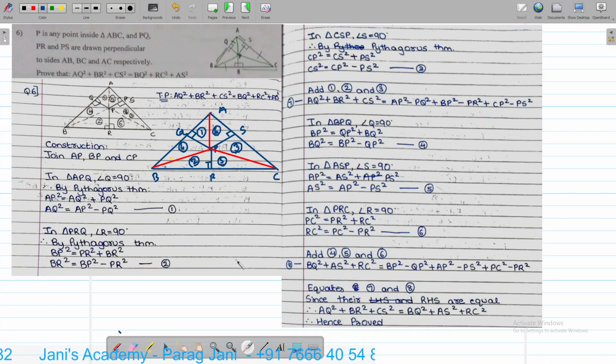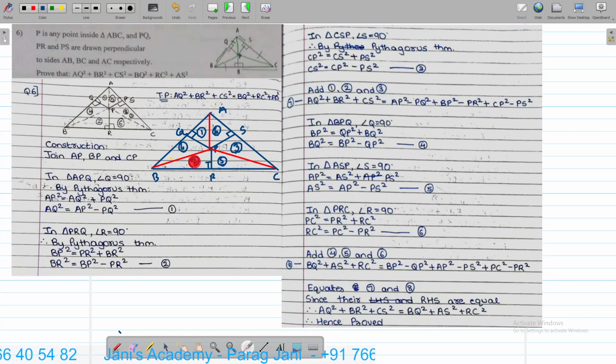Why am I taking this? Consider the first triangle. AP is your hypotenuse and Q is 90 degree. So AP square is equal to AQ square plus PQ square. Now AQ square is equal to AP square minus PQ square. This is your first equation.